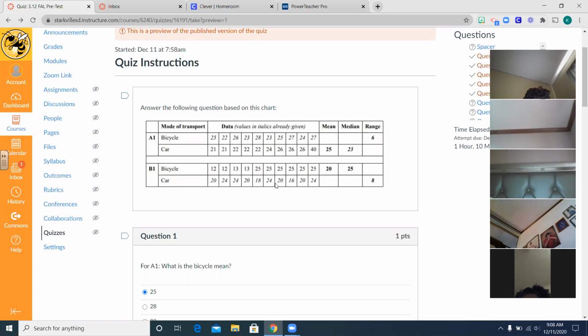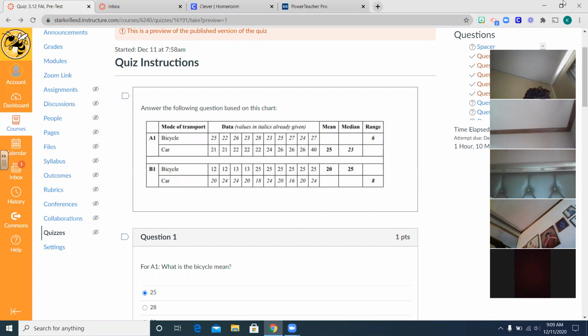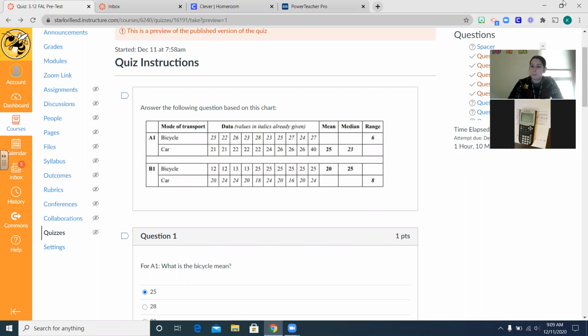So 20, 24, 24, 20, 18, 24, 20, 16, 20, 24. Okay, so we get, if you look over here on the right, I don't know if you'll be able to see it. So you add all of them together, you get 210, and then divide them by 10, and you get 21.